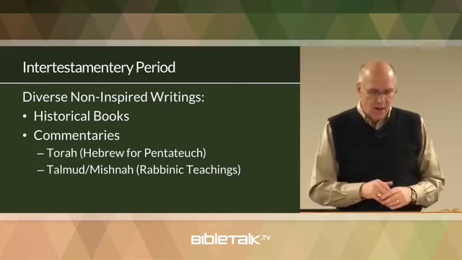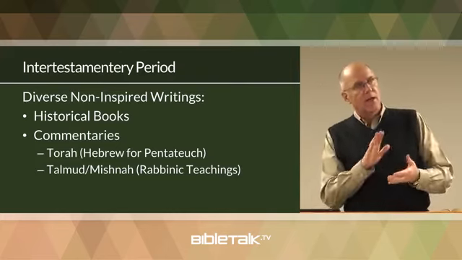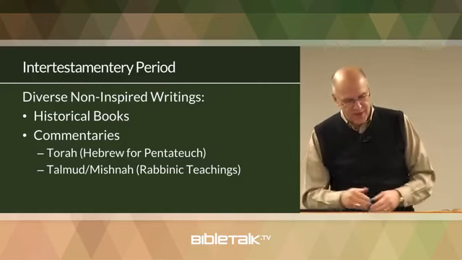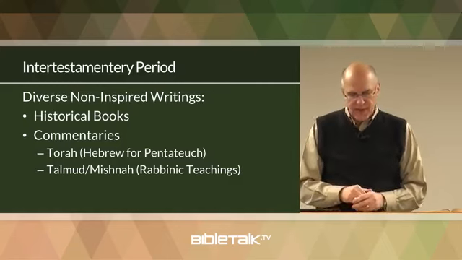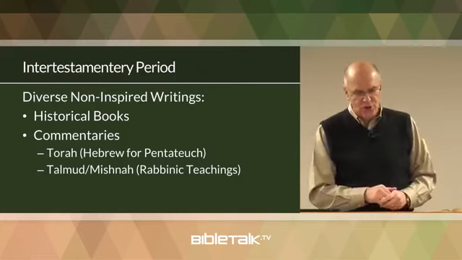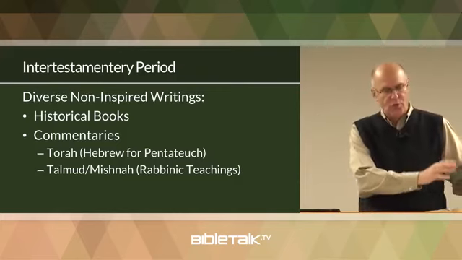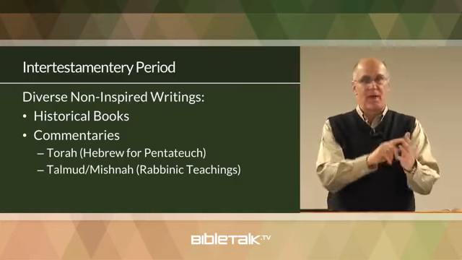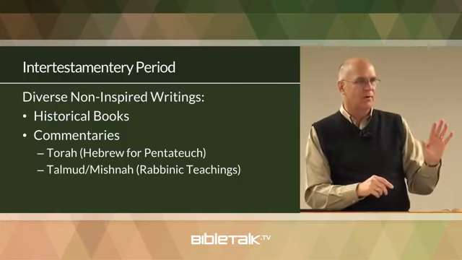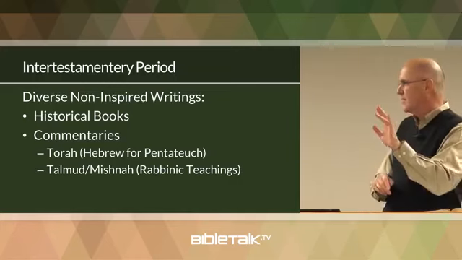Other material are commentaries. The Talmud, for example, which was a collection of rabbinic teachings concerning the Jewish law. So get it straight: the Torah is the Jewish word for the Pentateuch. The Pentateuch are the first 5 books of the Bible, right? Genesis, Exodus, Leviticus, Numbers, Deuteronomy.